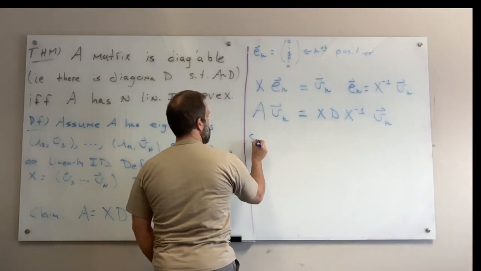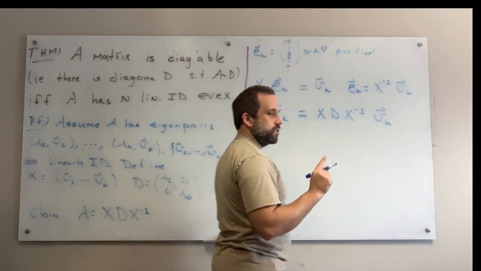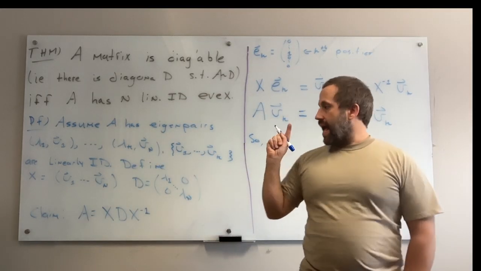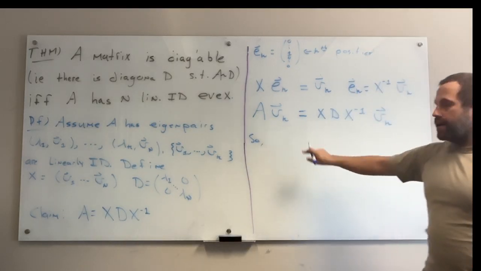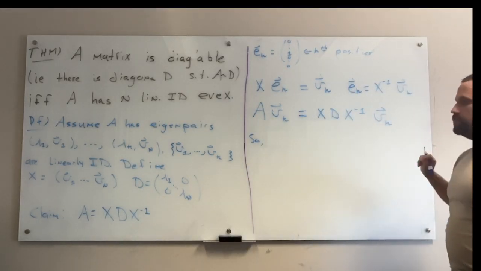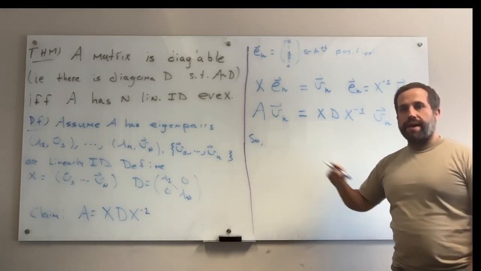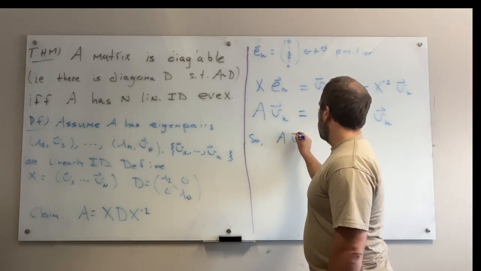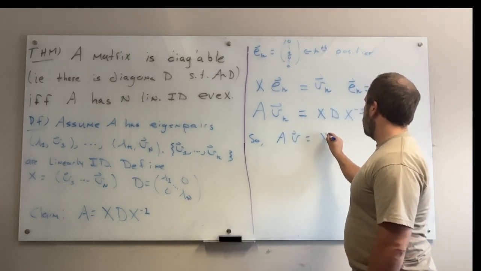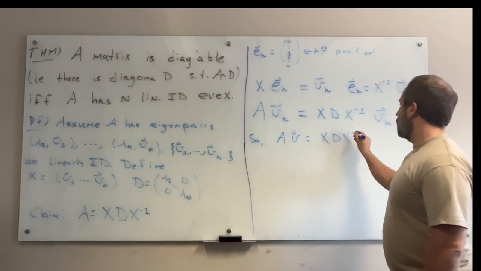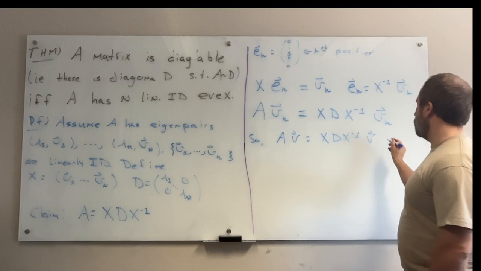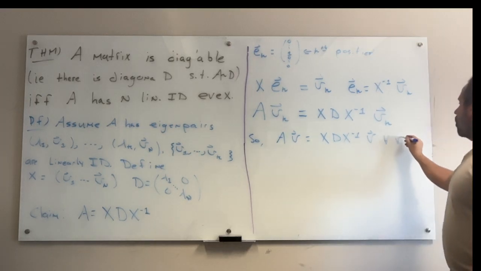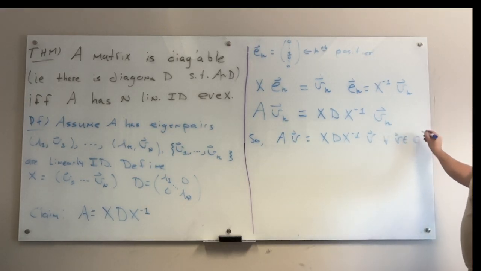So what this tells us is A times Vk is equal to X D X inverse times Vk for all vectors in a basis for Cn. So then A times V is equal to X D X inverse times V, and this is for all vectors in Cn.